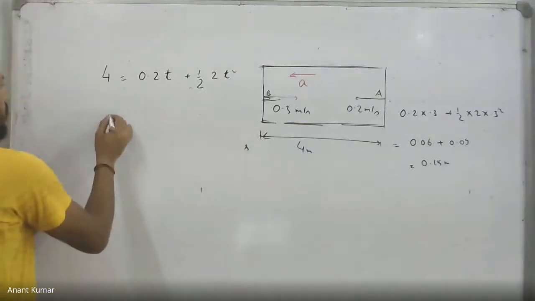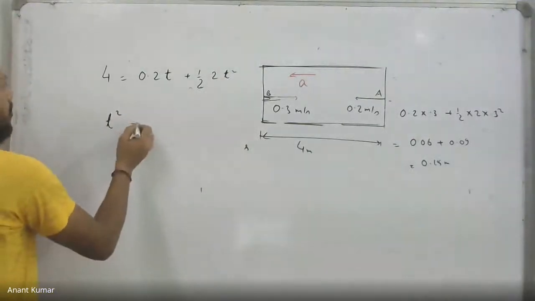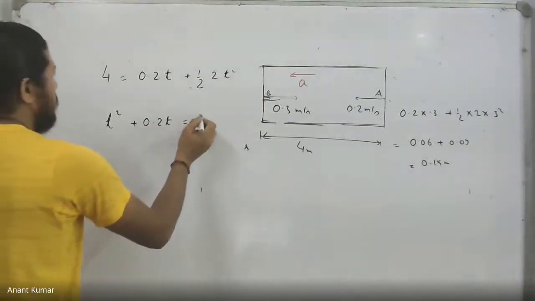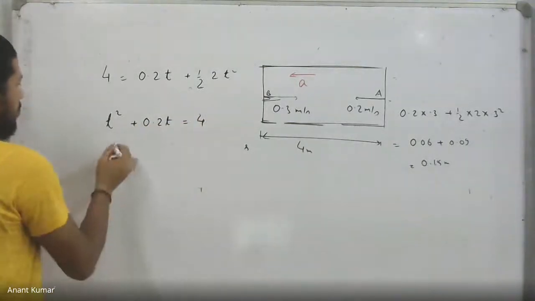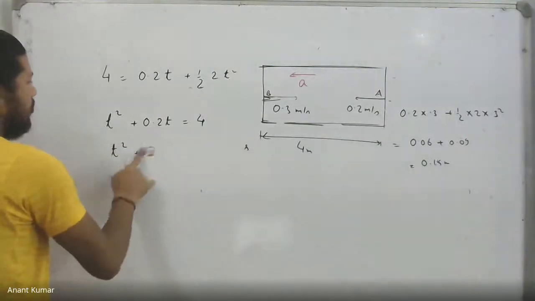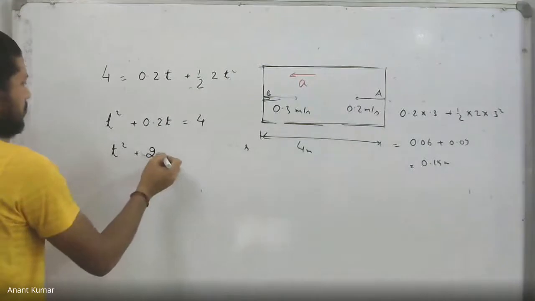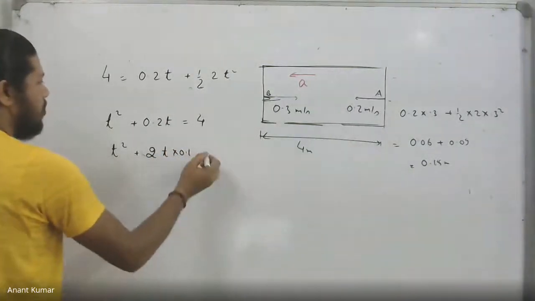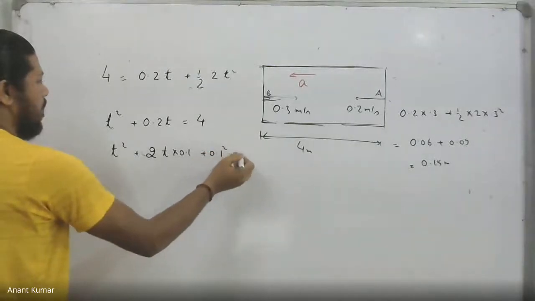That gives us a quadratic, t square plus 0.2t equal to 4. In this case, I can write the 0.2t term as 2 multiplied by t multiplied by 0.1. So I added the square of 0.1 on both the sides.